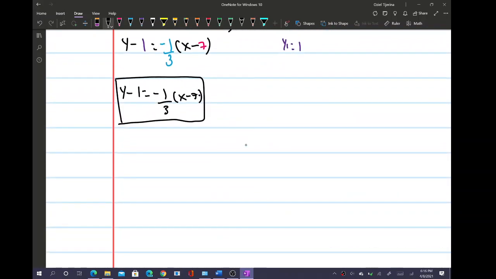Now if they told you to convert to slope-intercept form, you would do the distributive property right here, so y minus 1 equals negative 1/3 x plus 7/3, right?